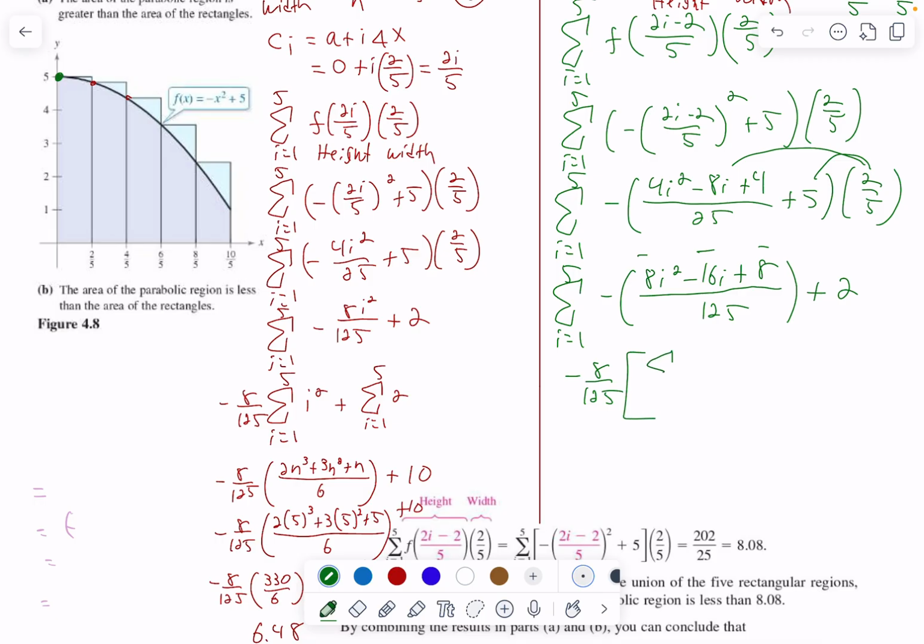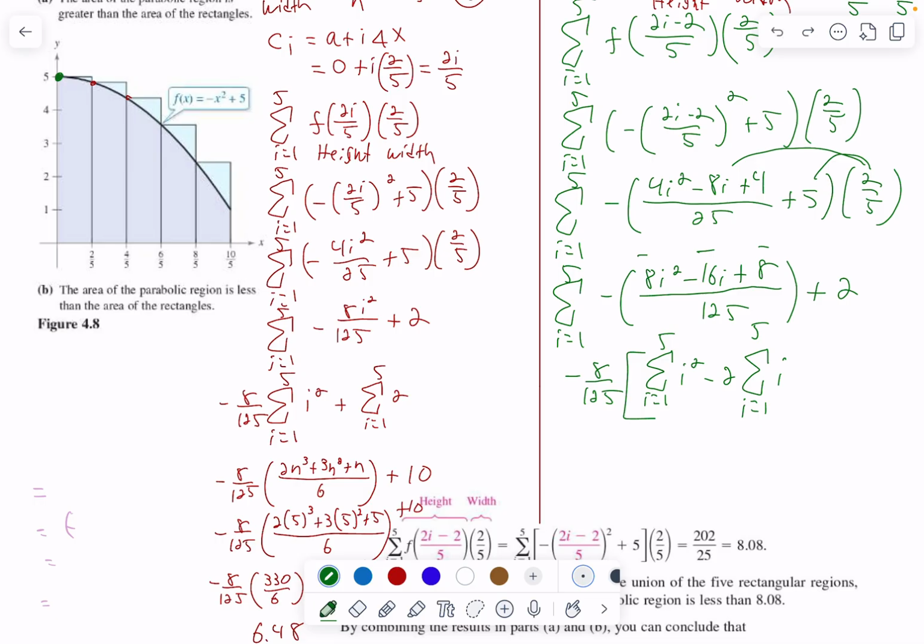So the sum from i equals 1 to 5 of i squared minus 2 times the sum from i equals 1 to 5 of just i. And the reason it's 2 is because 8 times 2 is 16.